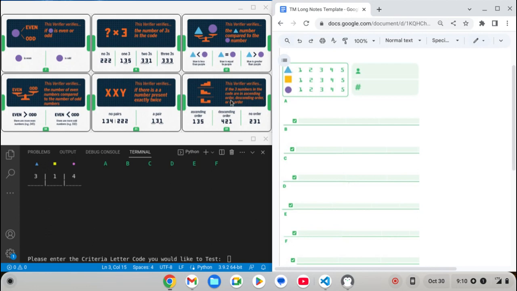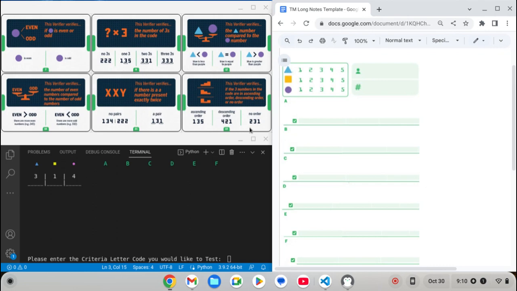And finally, criteria card F will take a look at our 3-digit solution from triangle to square to circle, and the Turing Machine will let us know whether the digits appear in an ascending order, meaning that they're increasing, as in the example 135. It can tell us that the 3-digit solution is in a descending order, or basically they're decreasing, as in the example 421, or alternatively, the 3-digit solution has no order.